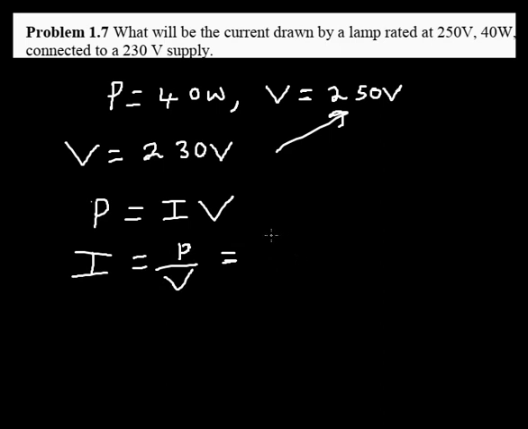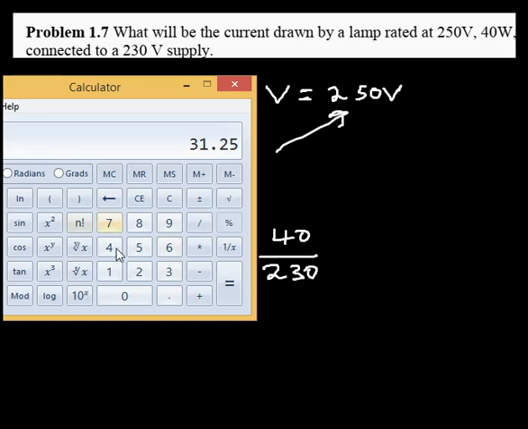The power is 40 watts, and the voltage that was applied to it is 230. So let's divide that. 40 divided by 230 is 0.17 ampere approximately.